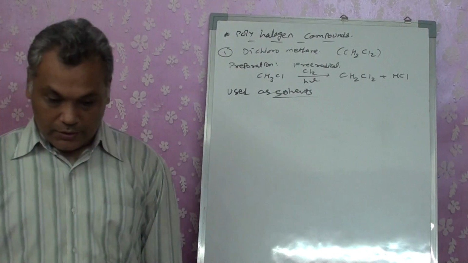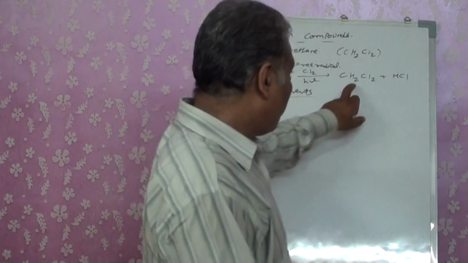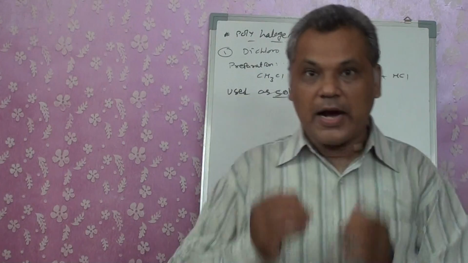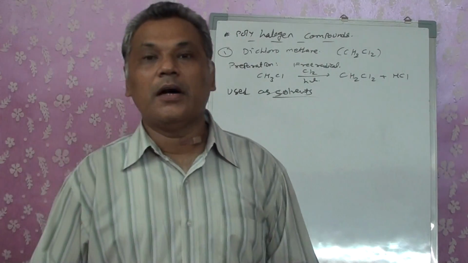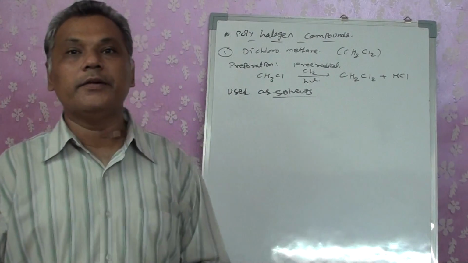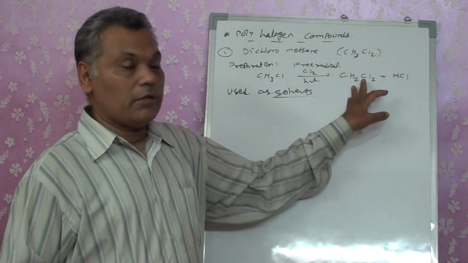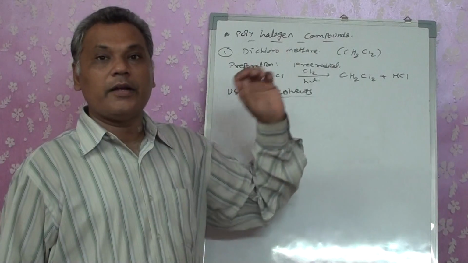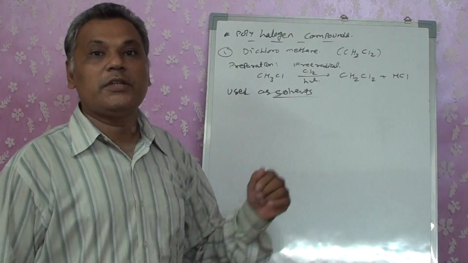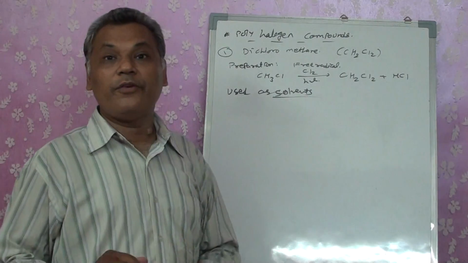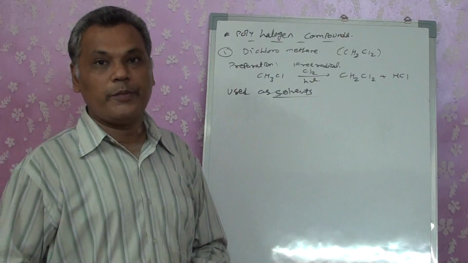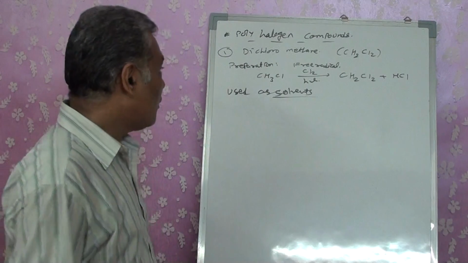Not only that, if it comes in contact with the eyes, it burns the cornea. That means a person can become blind when dichloromethane comes directly into the eyes. So this compound is not only used, but it is also very harmful to human beings. That is your first one.